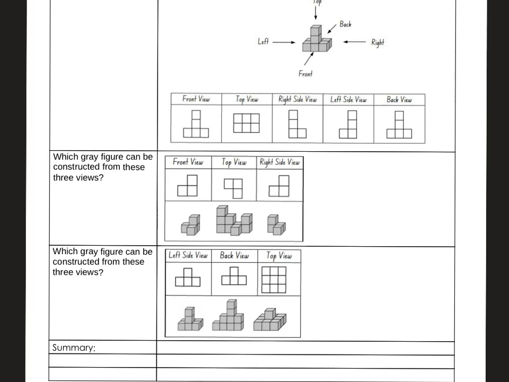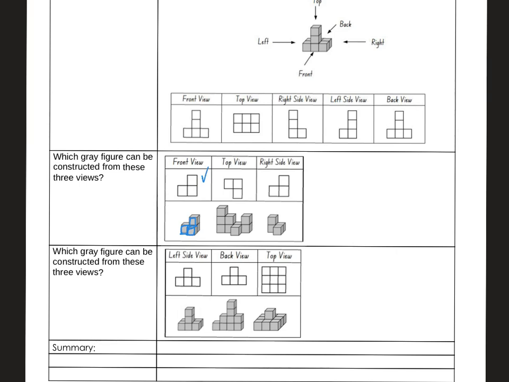So, given this front view where we have 2 on the bottom row, and then 1 on the right of the second row, when we're looking at the front view, it looks like this one has 2 cubes on the bottom, and then on the second row, there's only 1 on the right. So this passes the front view.